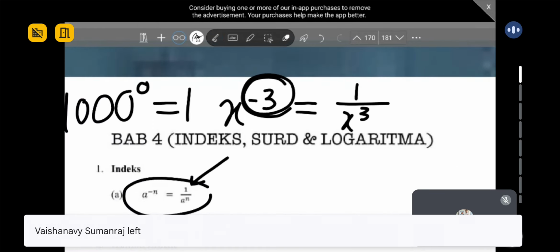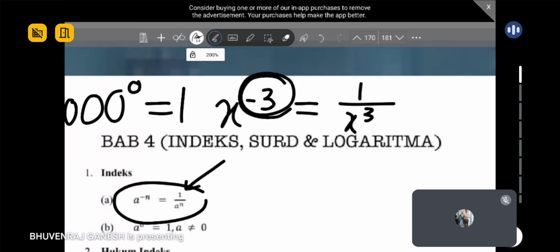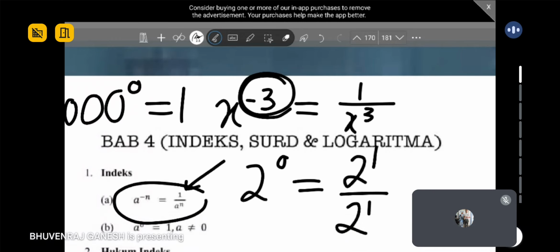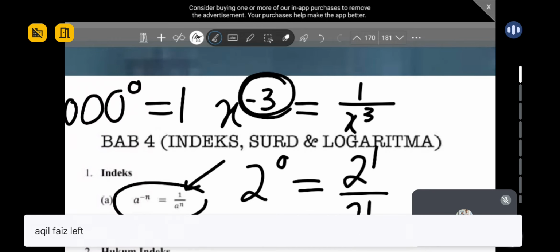Okay, guys. So how to prove this is actually 2 power 0, you must think is equal to what, guys? 2 kuasa kosong ni sama dengan apa? Besides number 1, selain 1, you can think of it as 2 power 1 over 2 power 1. Am I right, guys? 2 kuasa 1 bahagi 2 kuasa 1, kamu dapat yang ni kan?